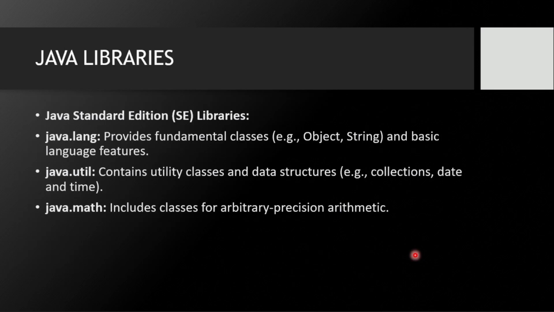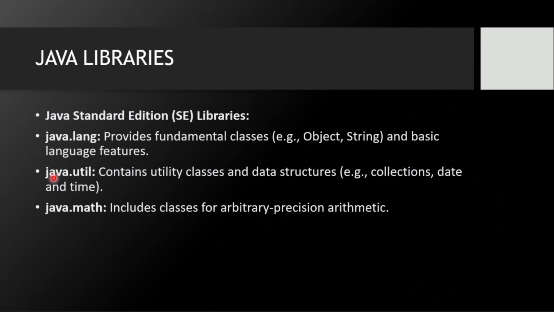Okay, so with that being said, we talk about the Java libraries. There are many libraries in the Java Development Kit, but we're going to talk about specific ones. So I've got java.lang. The dot operator helps us call these methods, right? This provides fundamental classes like objects, strings, and basic language features.